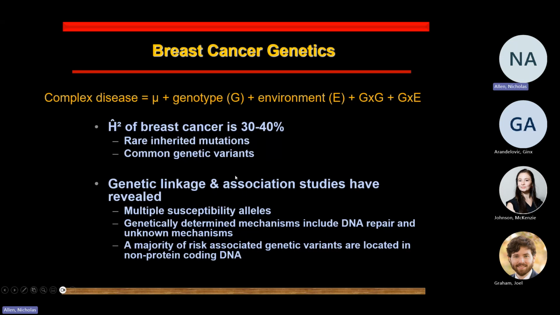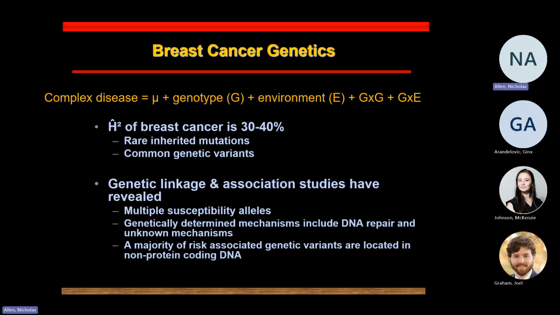So what have genetic linkage or association studies taught us? They've shown us that there are multiple susceptibility alleles in the human genome, and the genetically determined mechanisms include DNA repair. Where I'm going today is that much of this common genetic variation is not well understood at the mechanistic level.